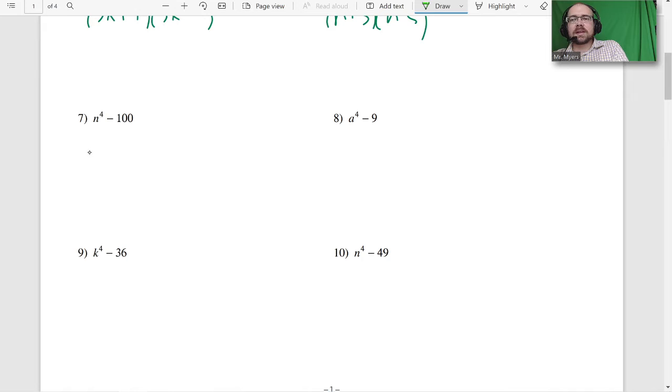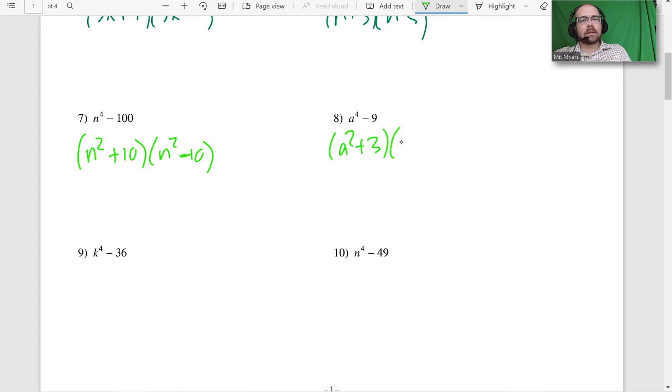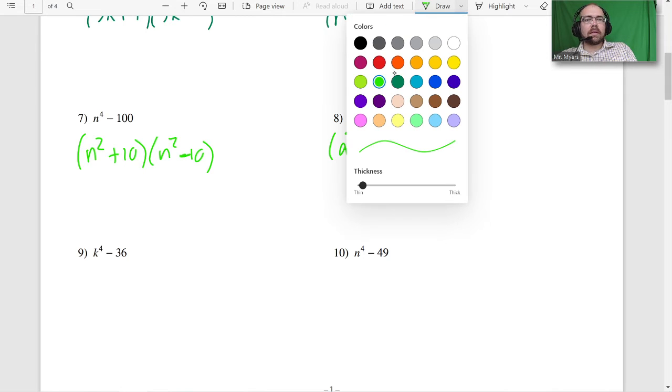So difference of squares again, n squared plus 10, n squared minus 10. Notice I didn't hesitate here because you can take the square root of n to the 4th power. The square root of n to the 4th power is n squared. Same thing here for number 8. A squared plus 3, a squared minus 3. Right? So we'll move on to the next one.